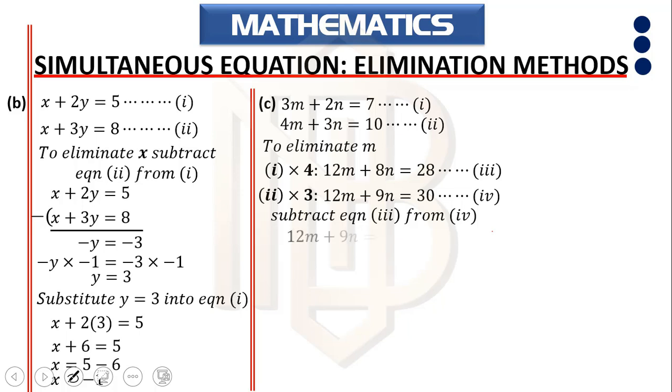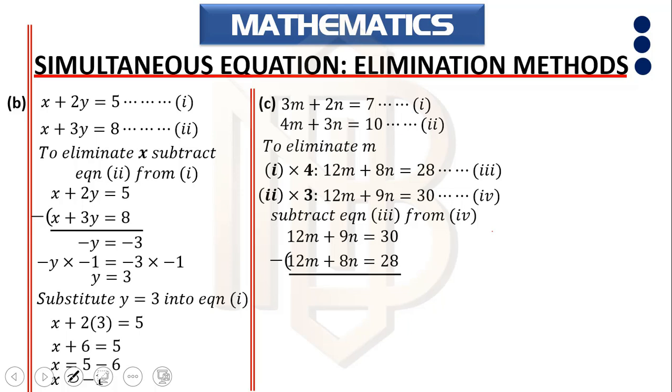Okay, so from what we have there, we can state our equation 4, then we state equation 3. Okay, so from there, the next thing is to subtract. And if we're subtracting, of course, the minus cuts across everything. Minus times plus is minus, so 12m minus 12m is 0. That means we have 0 there.